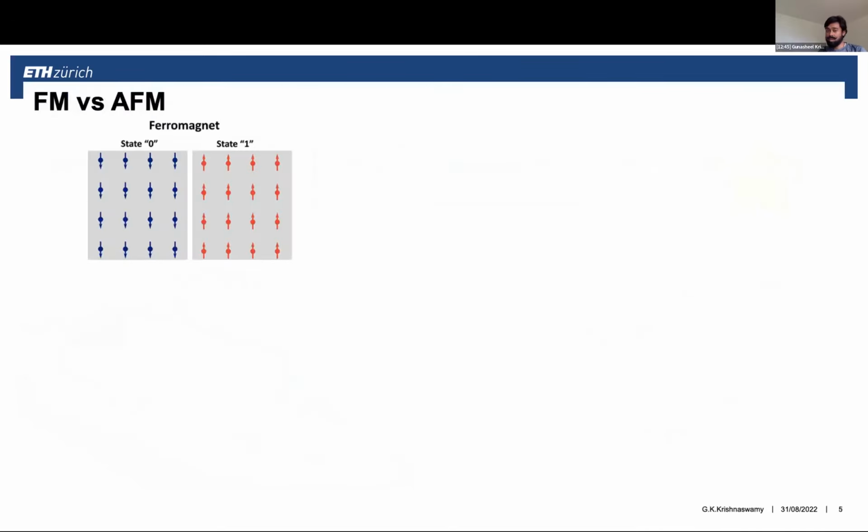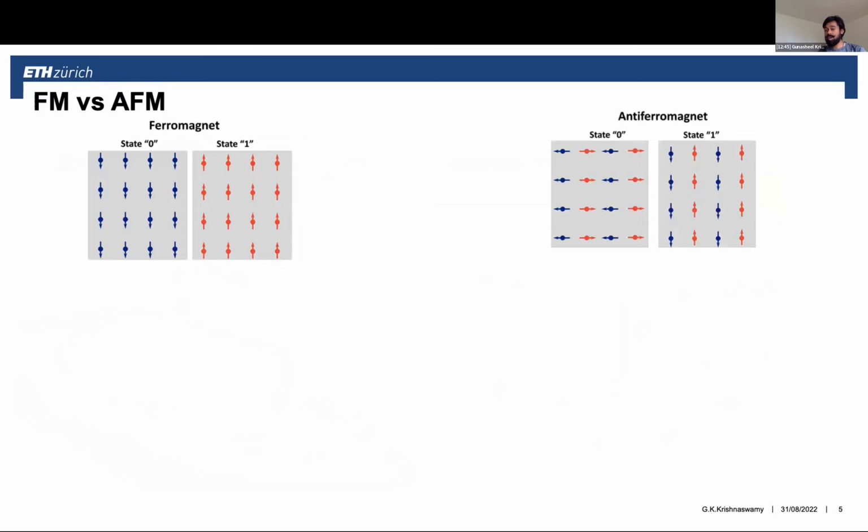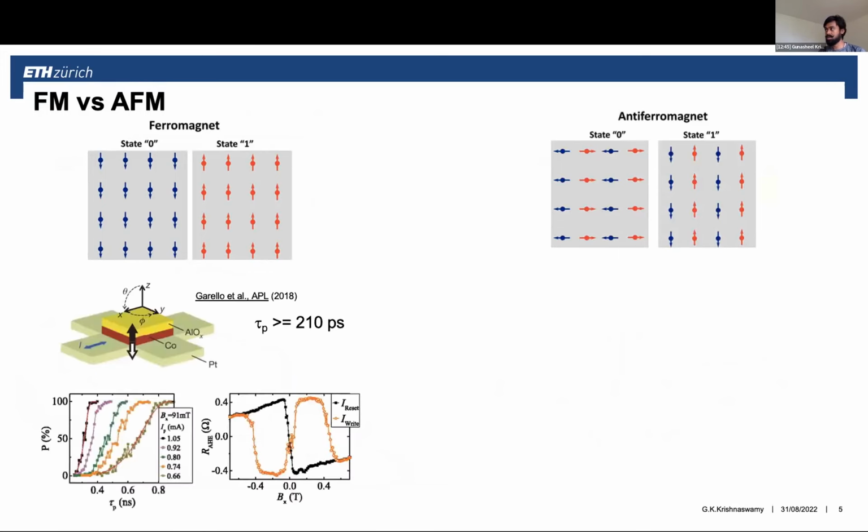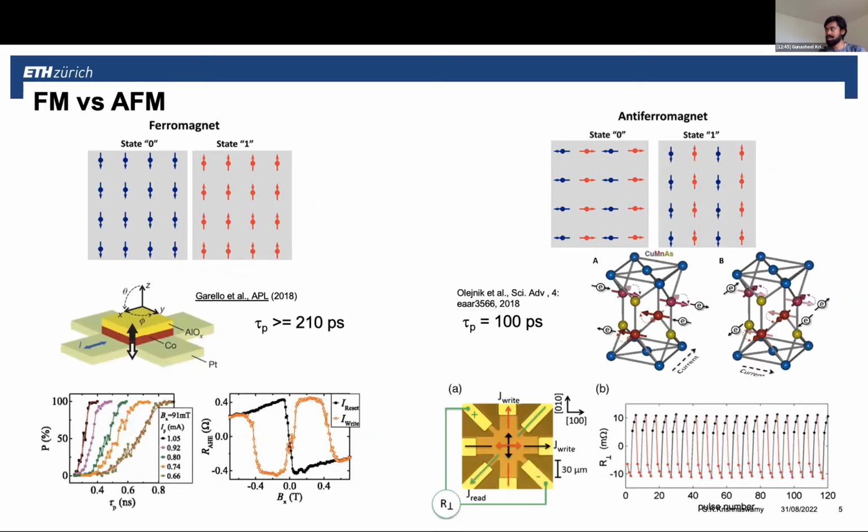So in ferromagnets, you typically encode information, let's say in 0 and 1, which could be up or down. In an antiferromagnet, you could probably encode some information in orthogonal directions. In this case, it's a collinear antiferromagnet. And typically, these occur in a time scale of 210, or this is the fastest time scale observed in ferromagnets, around 210 picoseconds.